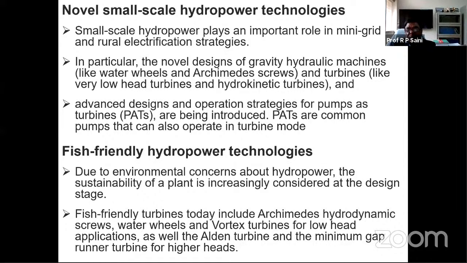To get a feasible amount of energy from wind, you need a very high velocity, say 5, 10 or 15 meters per second. Why? Because the density is very low, 1.2 kg per meter cube.